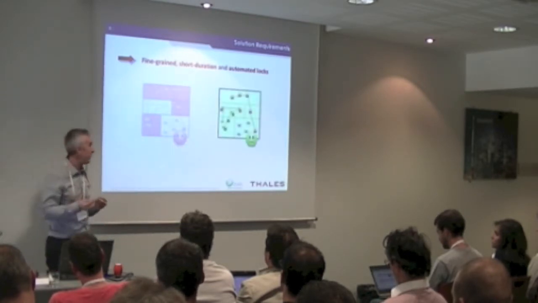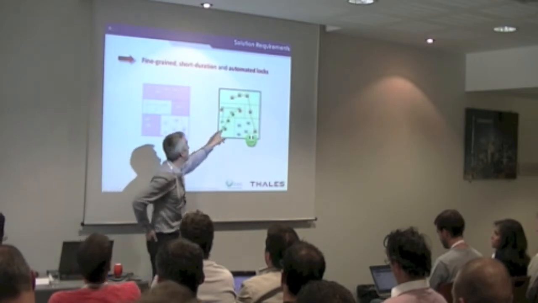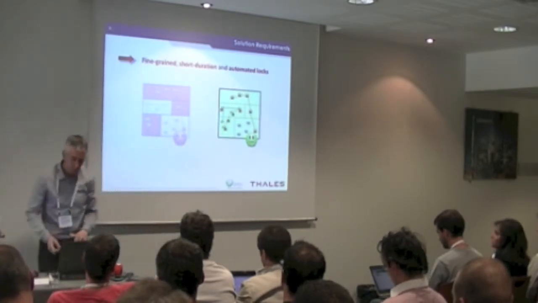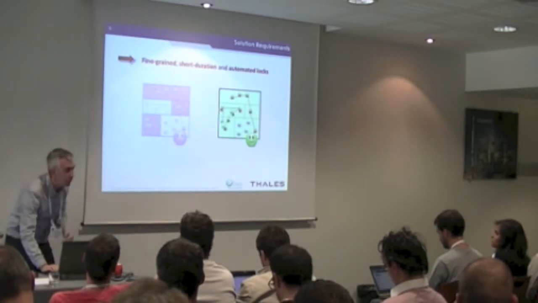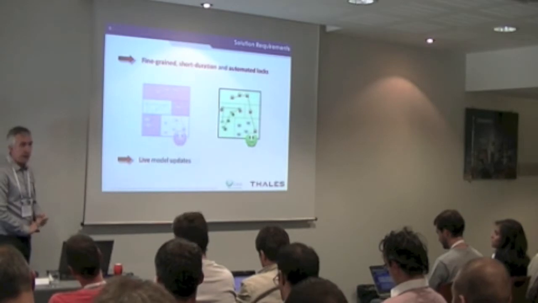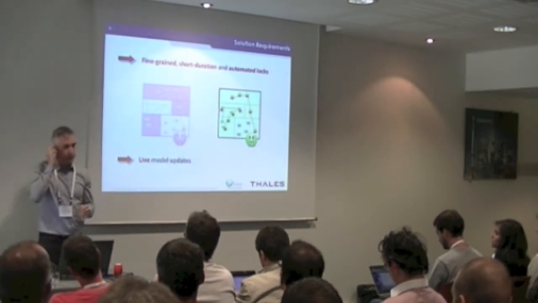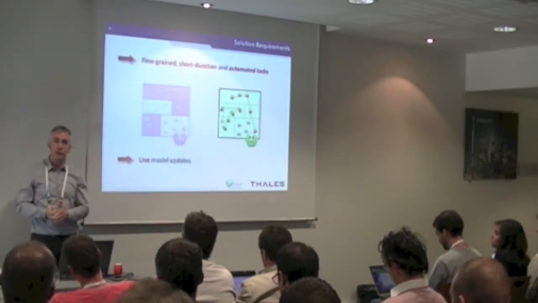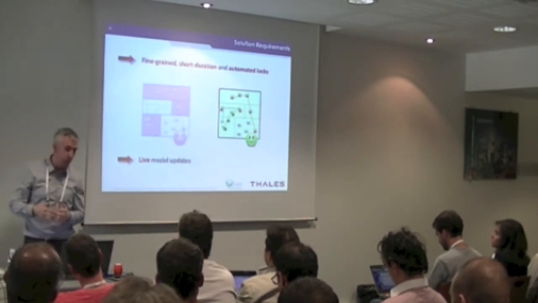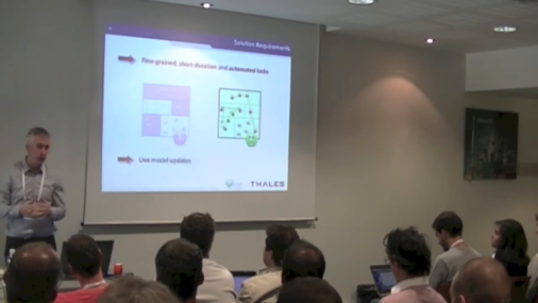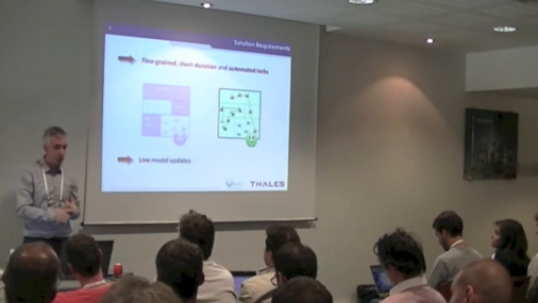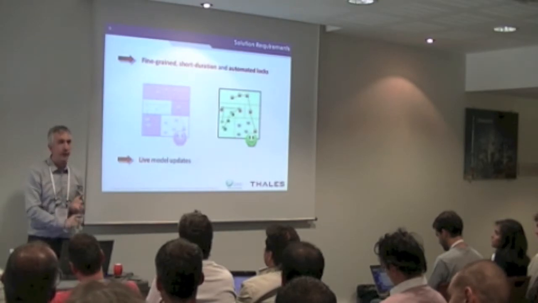If the locks are at model element level, then I have a better solution to do that. And then we needed to have live model updates. If we had to synchronize views with the repository and merge, that wouldn't work. So: fine-grained, short duration and automated locks, and live model updates.